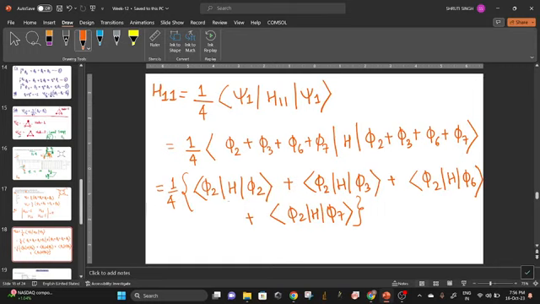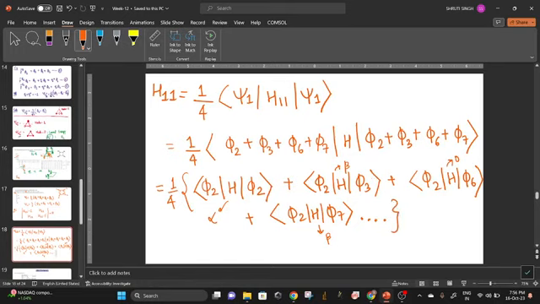So this will give alpha, this will give beta, this will give 0, this will give alpha, because these two are adjacent. Sorry, this will give beta. And when we do this for phi 3, we will have 12 more terms here, considering phi 3 with each, phi 6 with each, and phi 7 with each of them.